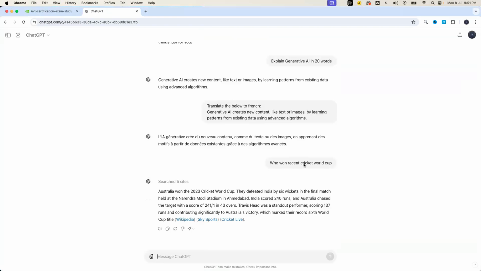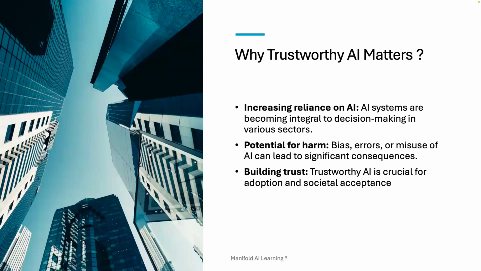So ChatGPT, or this large language model, has a lot of capability. When these large language models are so powerful that they are able to answer most of the queries we have, it means most people will start using them. And because of that, they become integral to decision making in various sectors. Even now, some products are coming up with built-in large language models.